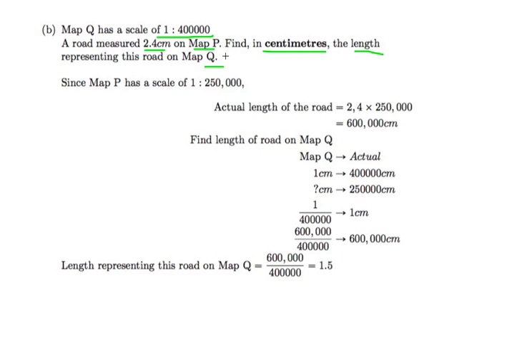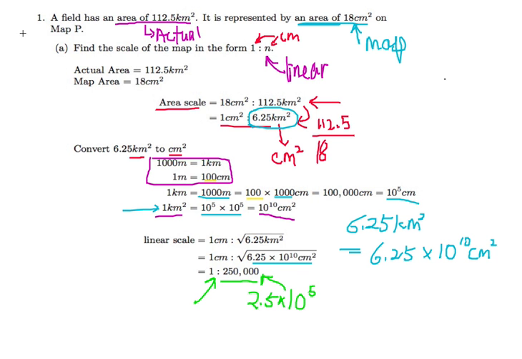Obviously you want to find the actual length of the road first, from P. So you know that the map length is 2.4, and recall that from the previous part A, we got this answer here.